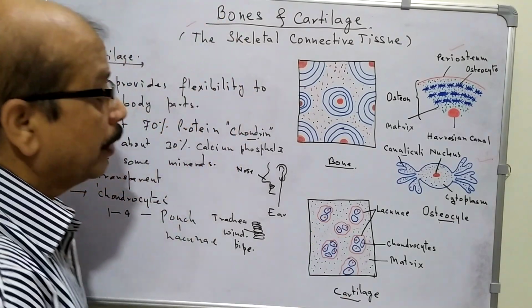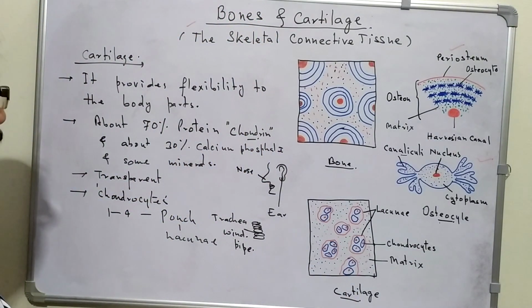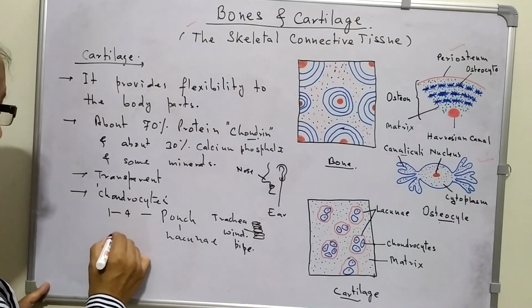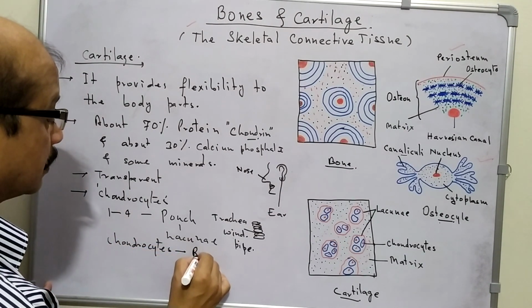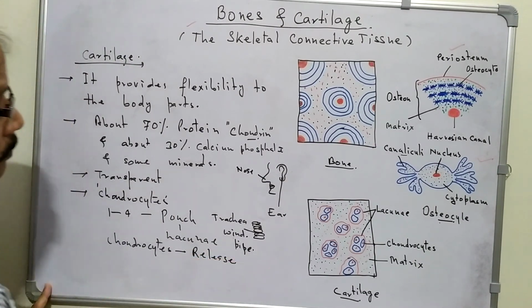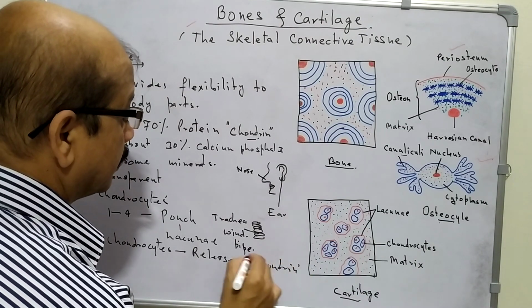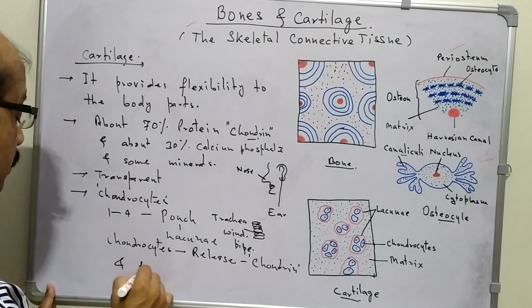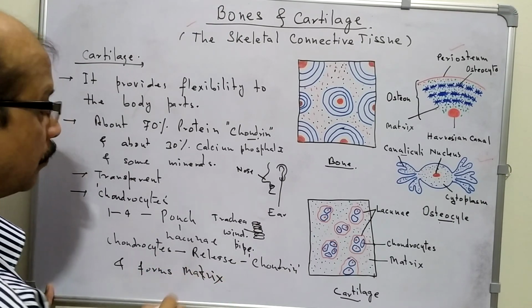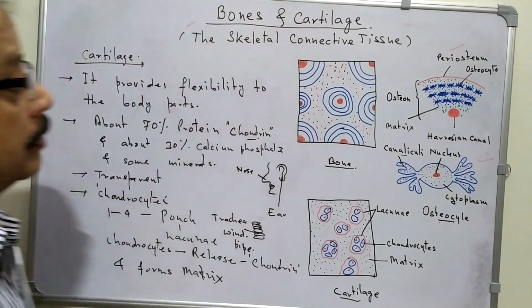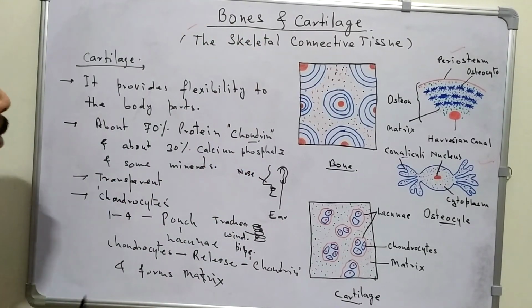These chondrocytes release chondrin, that is the protein, and it forms the matrix of the cartilage. They are flexible in nature.